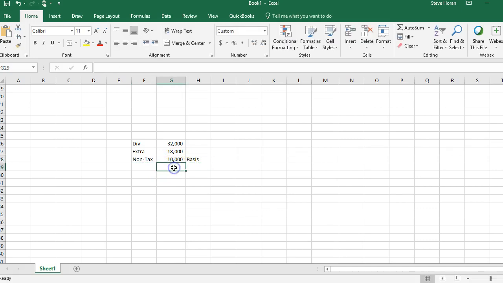What's left over is 8,000, and that's capital gain. So she'd pay tax on the dividend of 32 and on a capital gain of 8. Whatever the rates are for her, she'd pay the same rate for both. Okay, that was question 15.